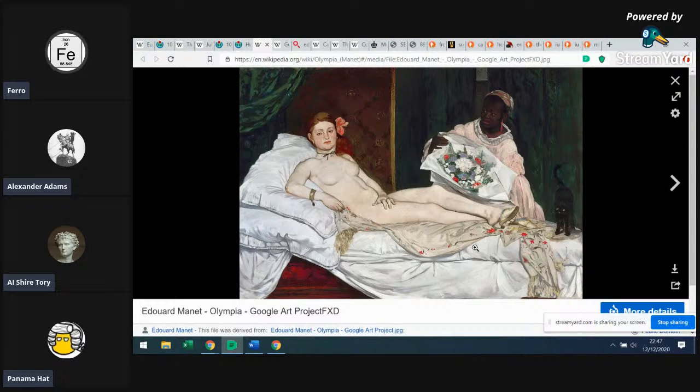The problem is that in a more traditional view, there are subjects that are more base, and just calling this person a prostitute makes the entire painting more base, even if the structure and layout are similar to those Venuses of the Renaissance.